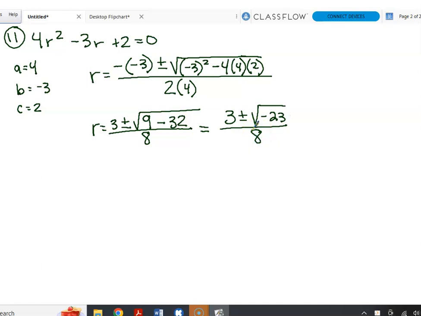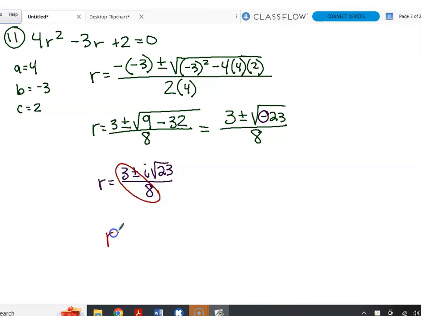Well, 23 is a prime number, but it has that negative underneath there. So remember, that's going to be equivalent to i. So r is going to equal 3 plus or minus i times the square root of 23, divided by 8. Both of these parts are being divided by 8, so we can separate them.